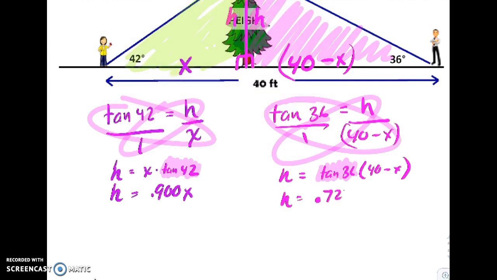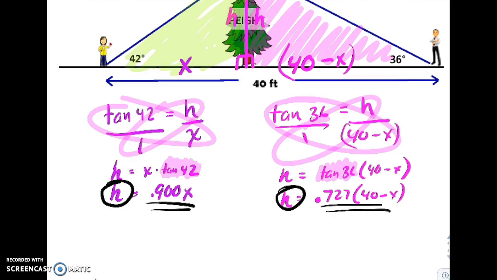So 0.727 times 40 minus x. And we still have two variables in both, but they're both equal to h. This is equal to h, and this is equal to h. And if two things are equal to the same thing, h, then they're equal to each other.